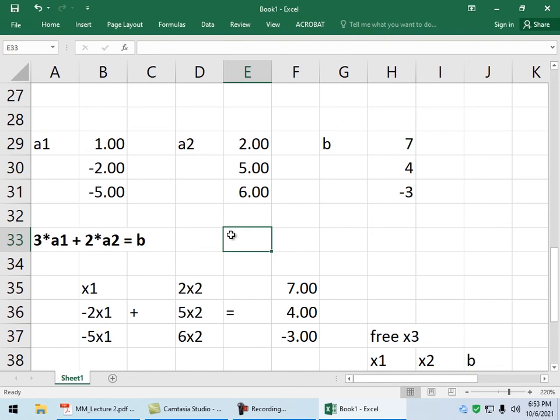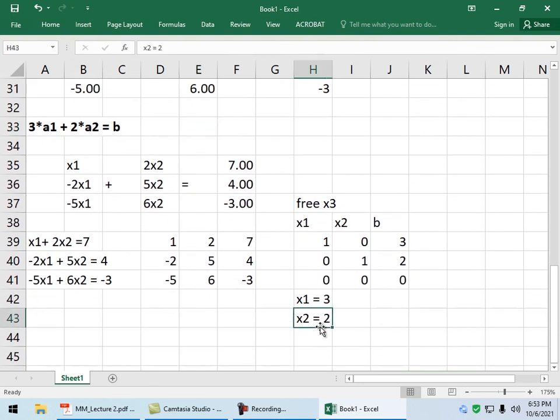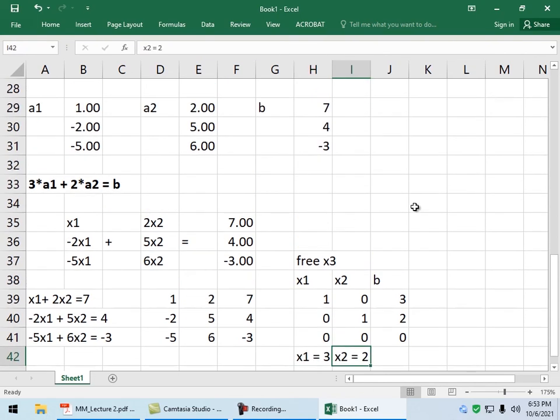Let me make it a little bit smaller in order for you to capture all the details, and just move it over here. So this is the whole example.